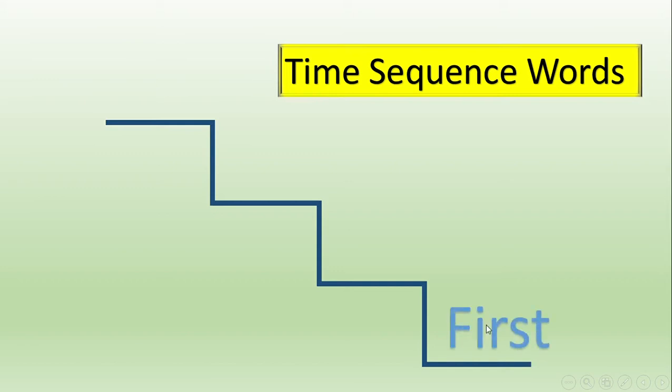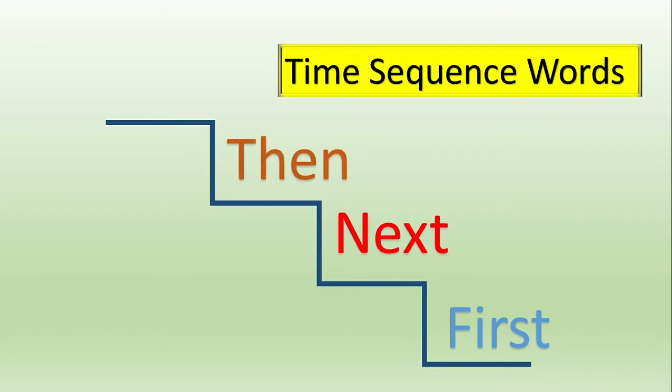We write first. The second step, we have next, then, and finally. So we're going step by step. First, next, then, finally.